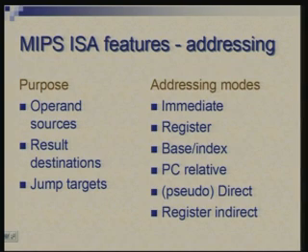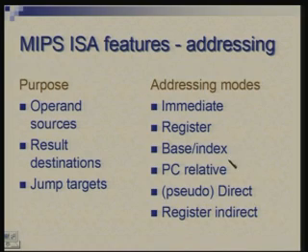So these things are specified by one or more addressing modes, which you see listed on the right column. Okay. Immediate addressing mode, register addressing mode, base or index, PC relative, pseudo direct and register indirect.